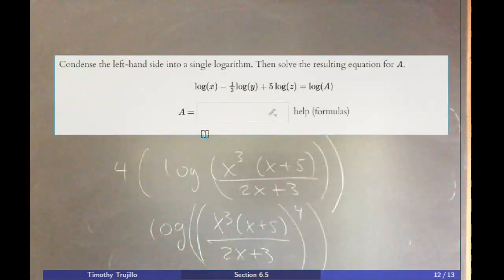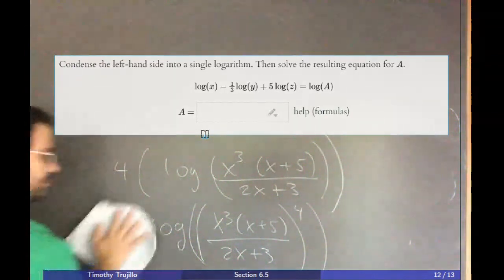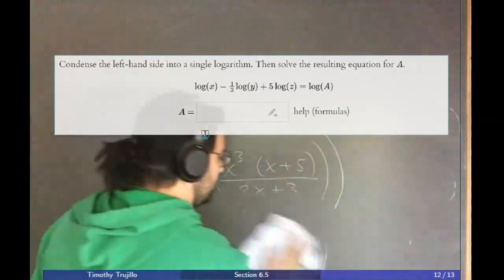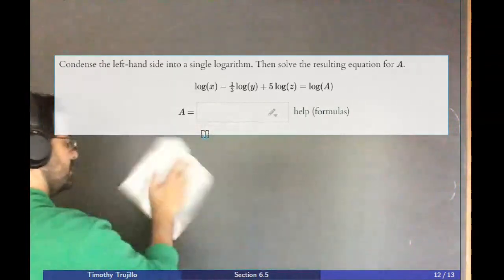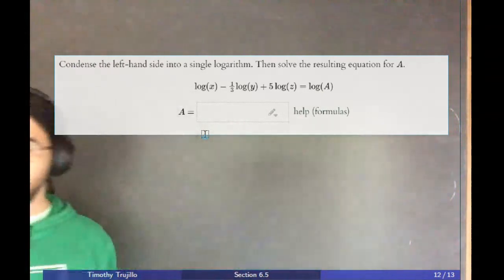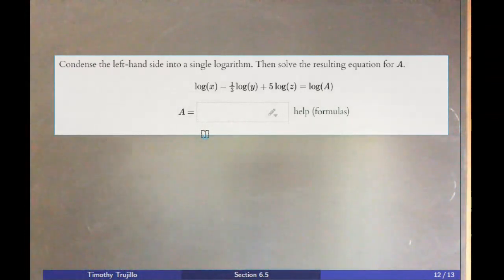Okay, and then just to give you a sense, let me go ahead and do a question that appears in the Infinity homework. A little more involved, but it'll give you a sense of why we're interested in using properties and condensing something down. So here we're given a logarithmic expression on the left-hand side, and it's equal to the log of a.